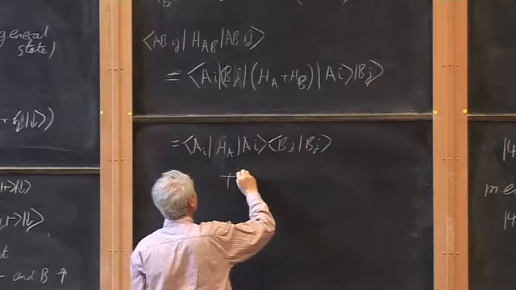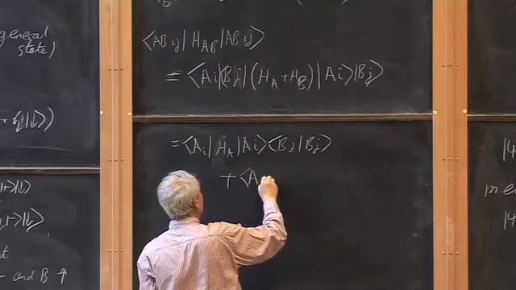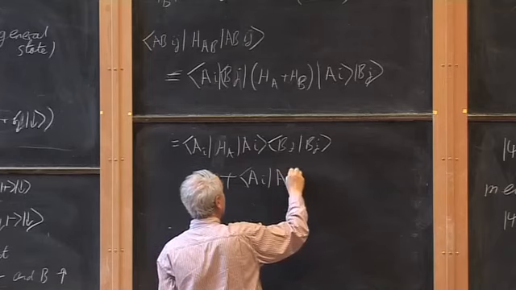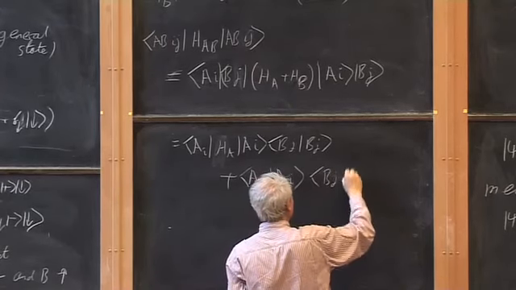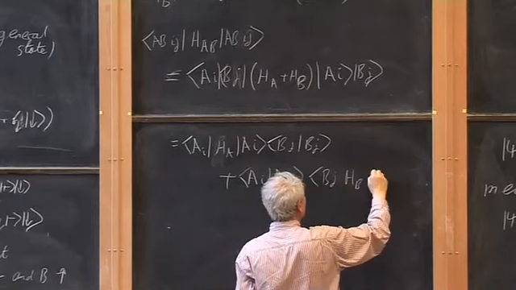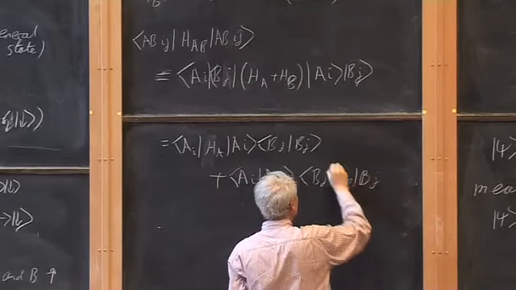Plus, correspondingly, we're going to have <A_i|A_i><B_j|HB|B_j>.